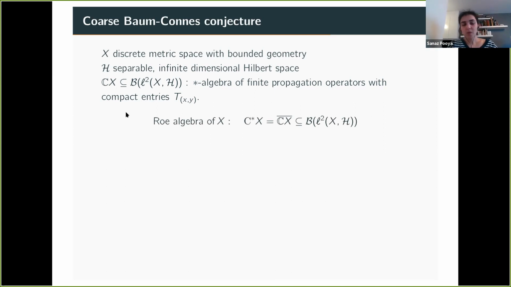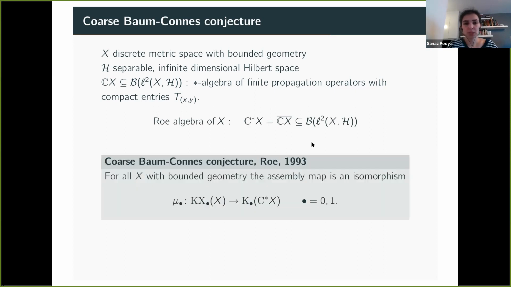Now, the Roe algebra of X is just the closure of this star algebra inside these bounded operators. And the Coarse Baum-Connes conjecture is a statement about the K-theory of the Roe algebra. It was formulated by Roe in 93.